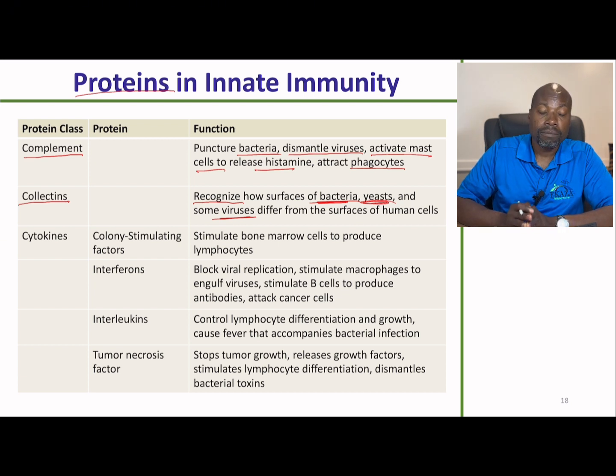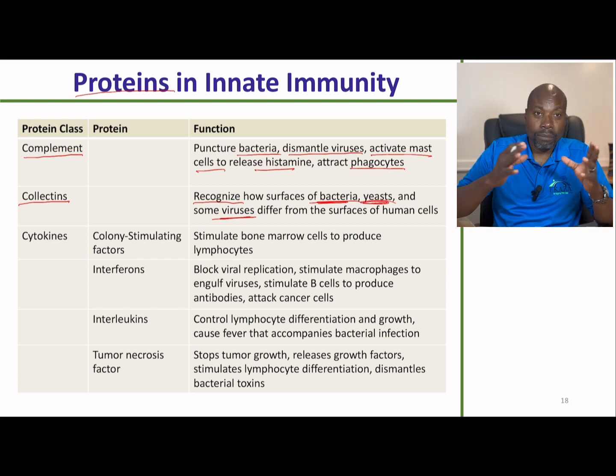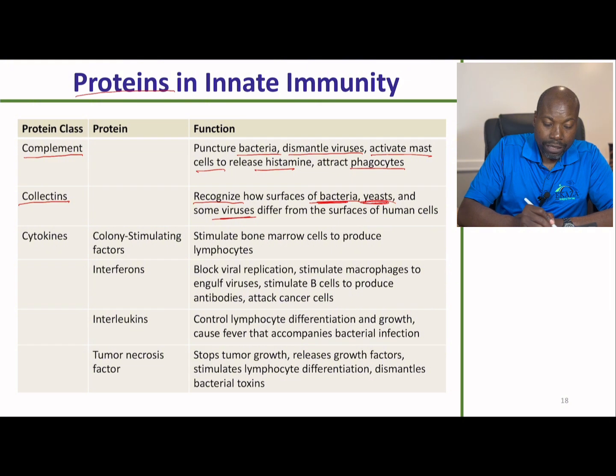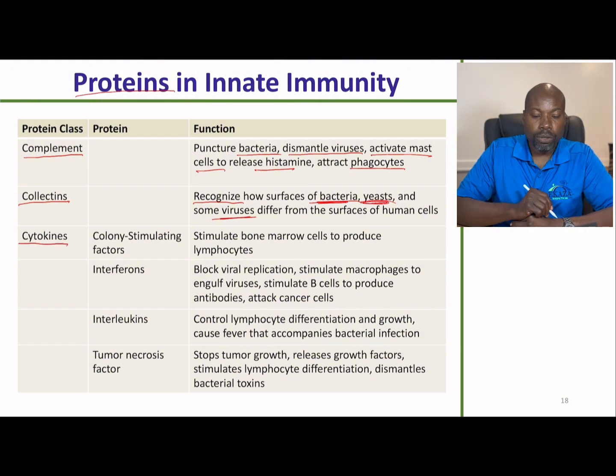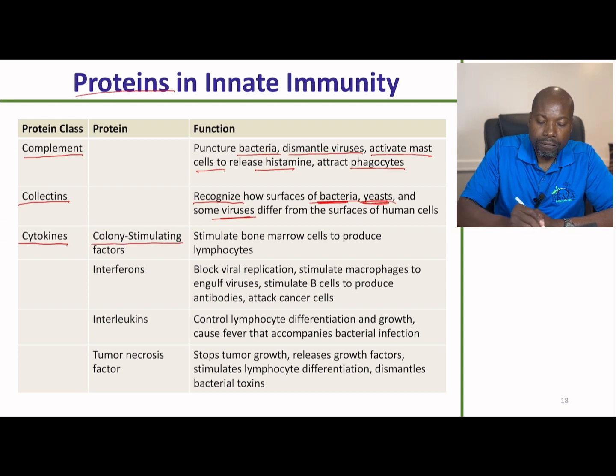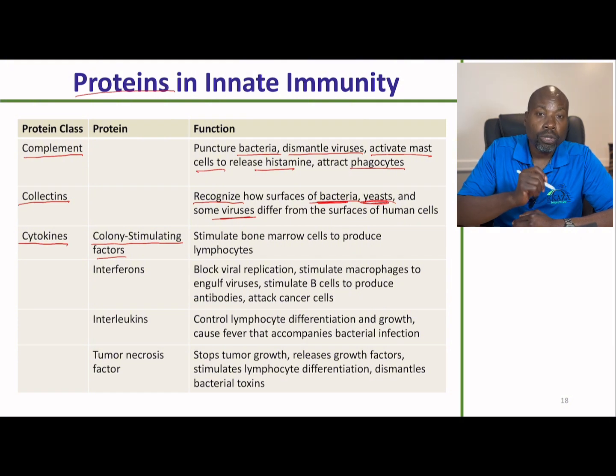And then we have a group of what we call the chemokines, right, or cytokines. These cytokines are going to be of many different kinds. We're going to have the colony stimulating factors, or CSF. This CSF, their job is going to be to stimulate the red bone marrow to produce lymphocytes, right?